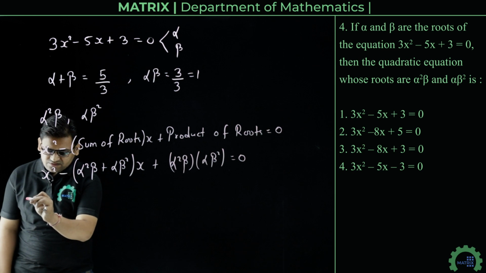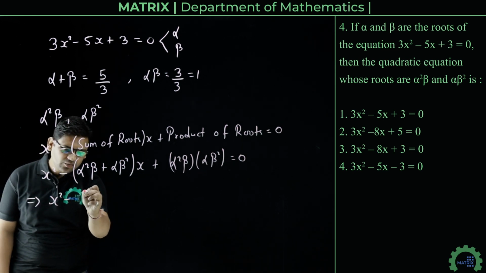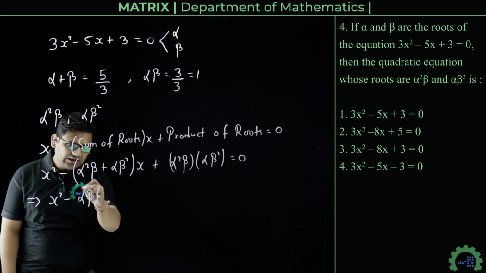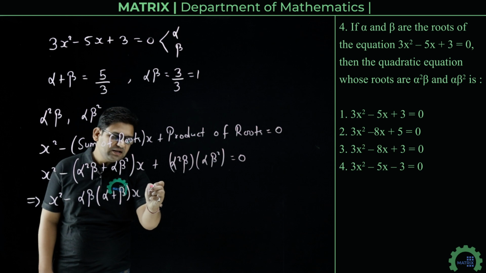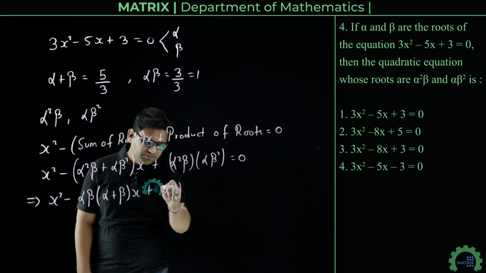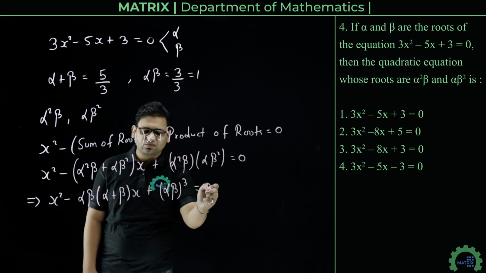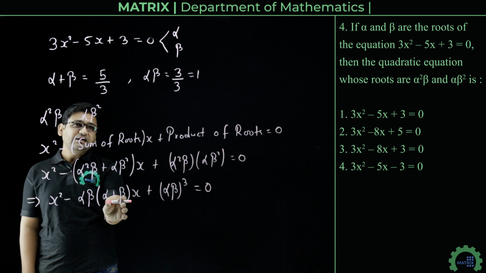On simplifying this, we get x square minus alpha beta, which is common, and the remaining will be alpha plus beta, into x plus alpha beta whole cube, equals to 0.